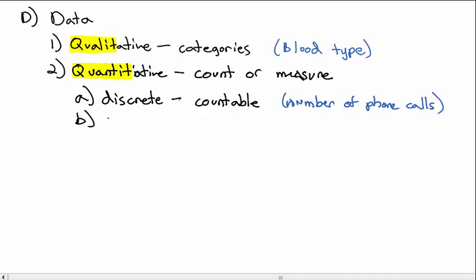The opposite of discrete, then, would be continuous. And that is a value that is measured, which means we do get all those in-between values. If the discrete data point is the number of phone calls, the continuous value might be the length of the phone call.